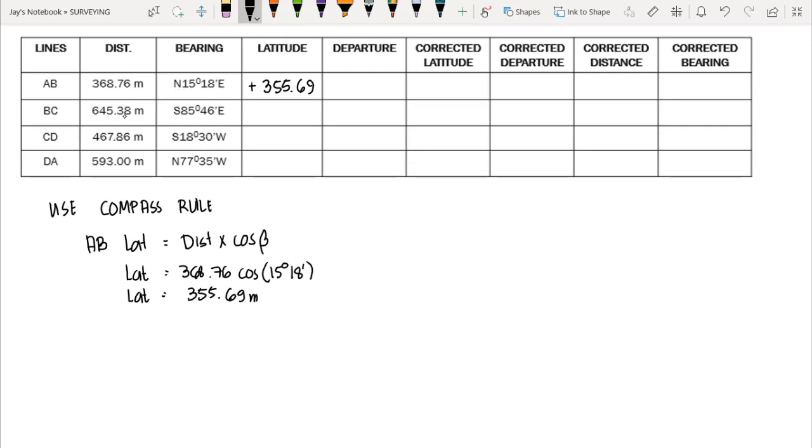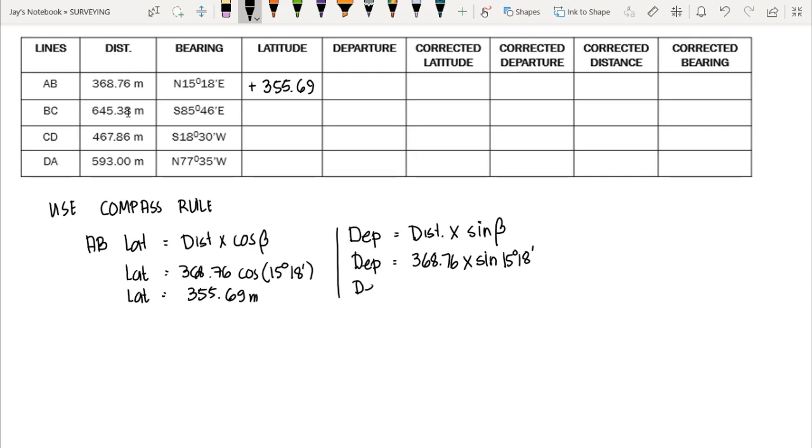We are done with its latitude, then we can now compute the value of its departure. Departure is equal to the distance times sine of the bearing angle. So we have the distance of AB, 368.76, times sine, the angle is still the same, 15 degrees 18 minutes.